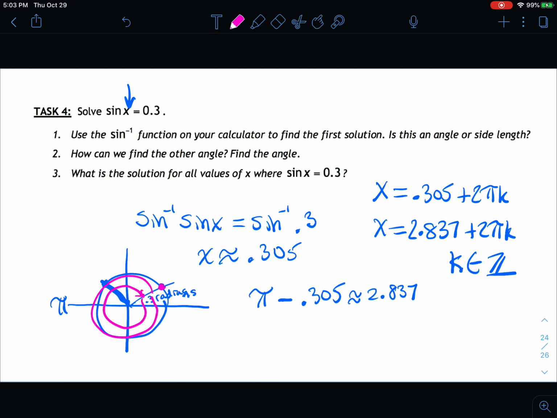If I add a whole revolution, boom, I'm right back here again. If I add 10 revolutions, I'm back here. Same thing at this spot. If you add or subtract another revolution, you will be at that same exact location and get the same exact value. So that is why there's an infinite number of solutions.